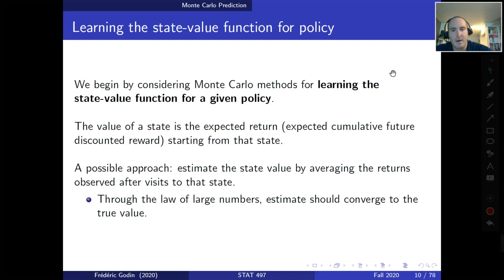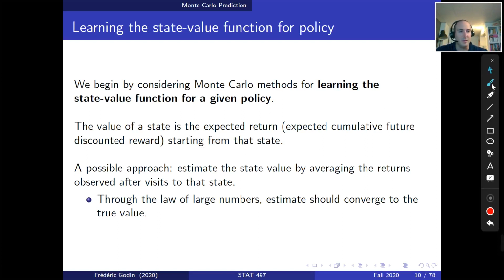Okay, so recall that for a fixed policy pi, the value of a state, V pi s in fact, is the expected return, so the expected value of the sum of future discounted rewards when we start from that state.